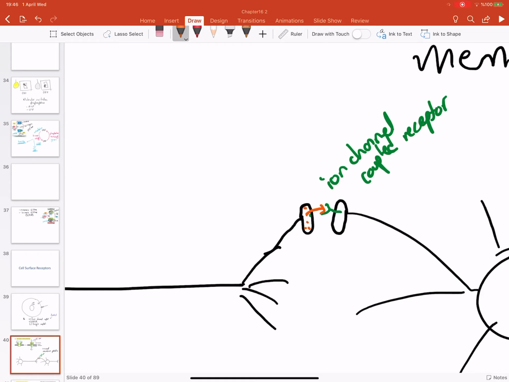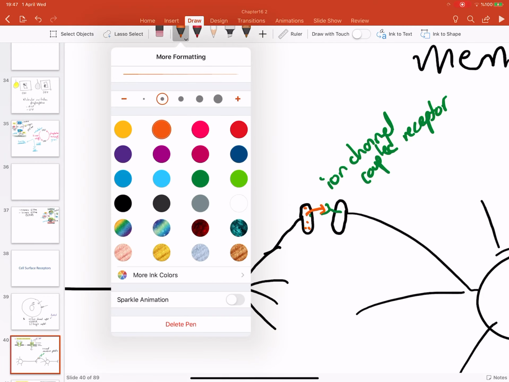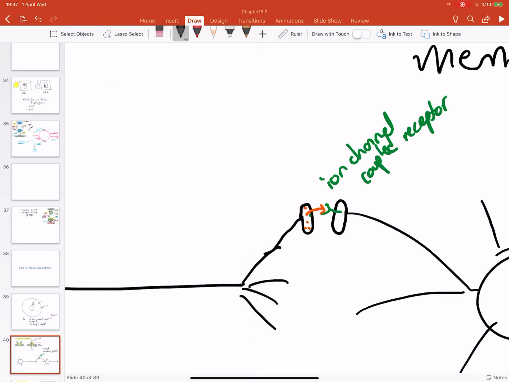This is the very fast kind of cell-to-cell interaction. So the ligand-gated ion channels, or the ion channel coupled receptors, are the fastest way of converting an extracellular signal into a cellular signal. So this is the fastest signal transduction.